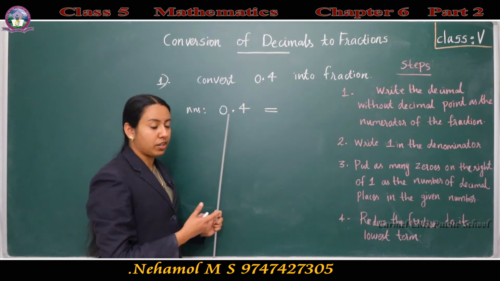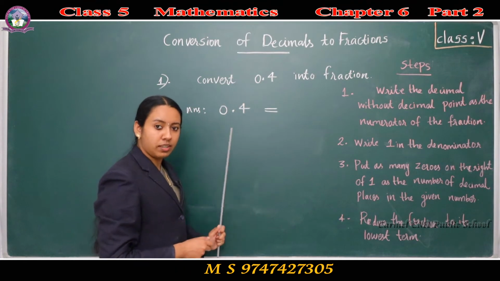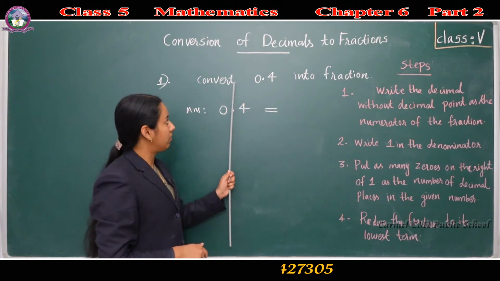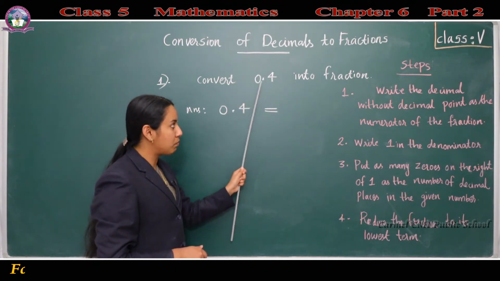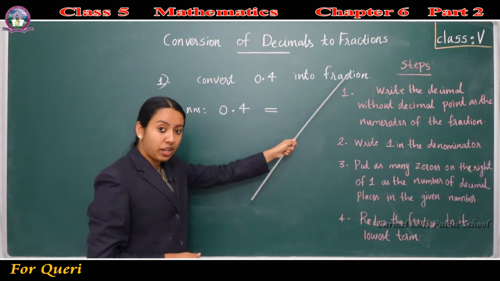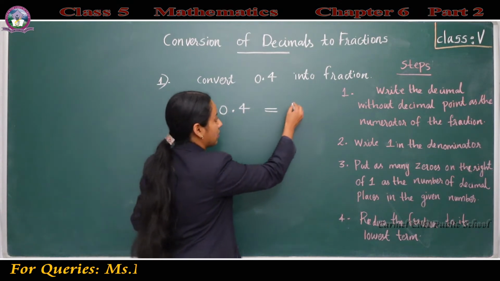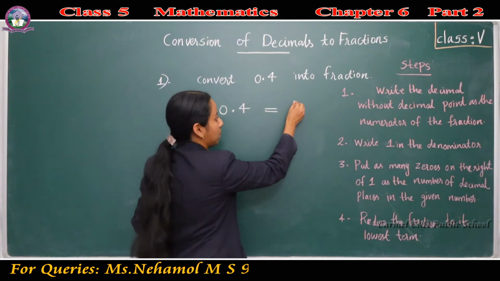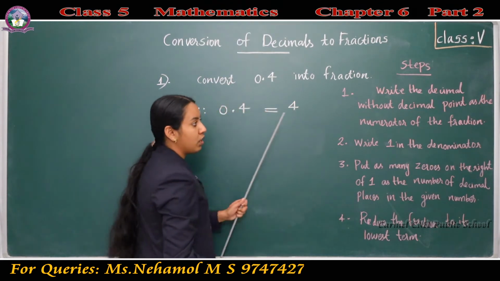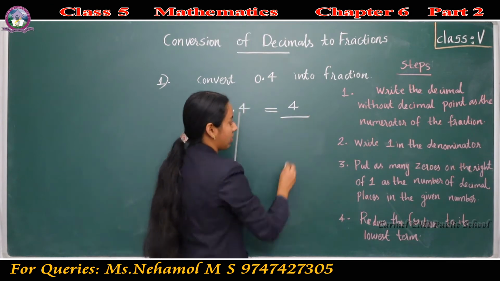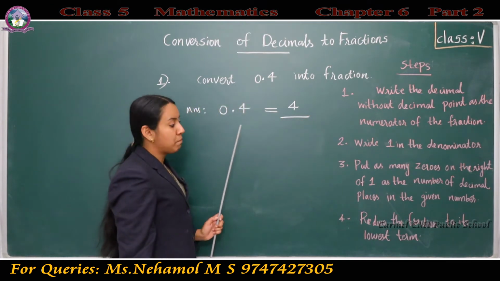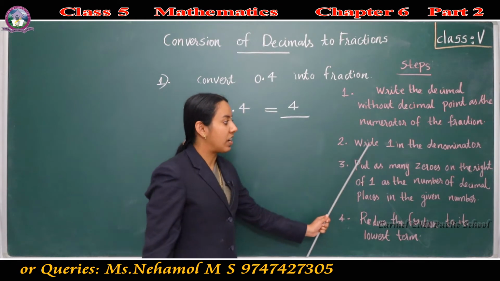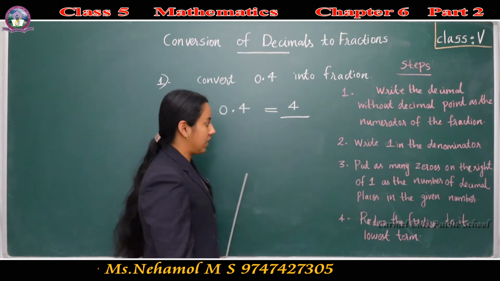We know that a fraction has a numerator as well as a denominator. So first, write the decimal without decimal point as the numerator of the fraction. Then second step, write 1 in the denominator.